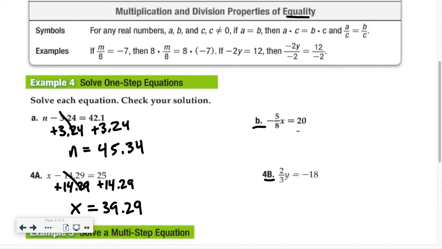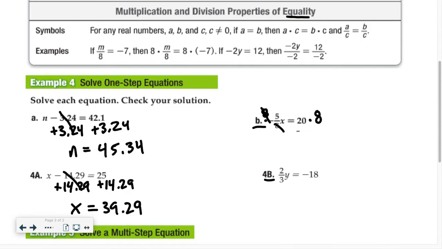All right, those are truly one-step equations, guys. B, I'll do the top one as a two-step equation. Because there's a fraction, guys, I would consider this multiplying by 8 on both sides. That gets rid of my denominator of 8.